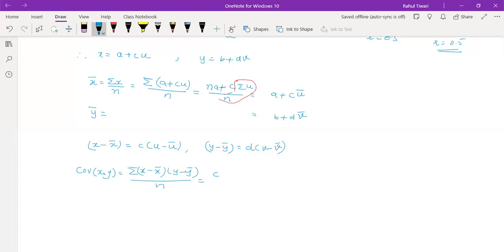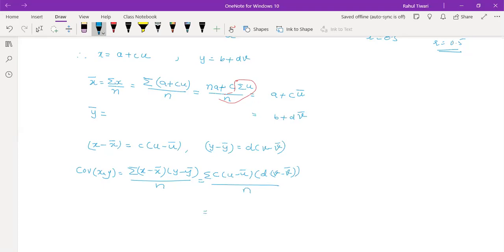Summation, you can substitute this quantity here: (U minus U bar). And what about D? D times (V minus V bar), whole upon N.